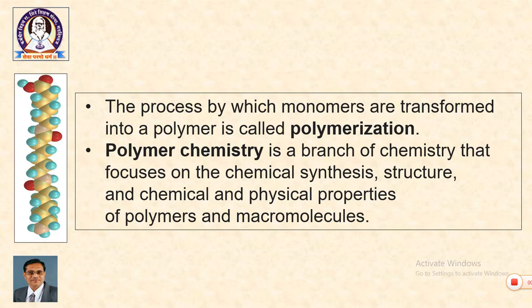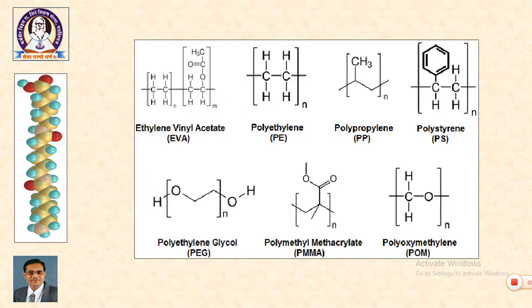Polymer chemistry is the branch of chemistry that deals with the chemical synthesis, structure and chemical and physical properties of polymers, which are macromolecules. These are examples of polymers.